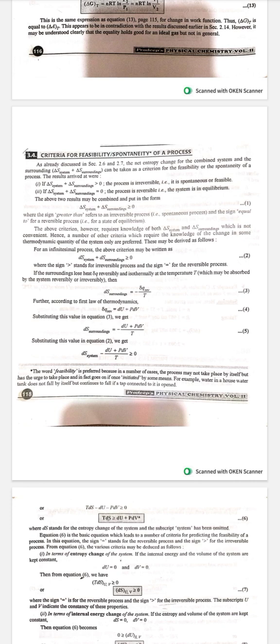The above criteria may be written as dS system plus dS surrounding is greater than or equal to 0, where the sign greater than stands for the irreversible process and the sign equal to for the reversible process.